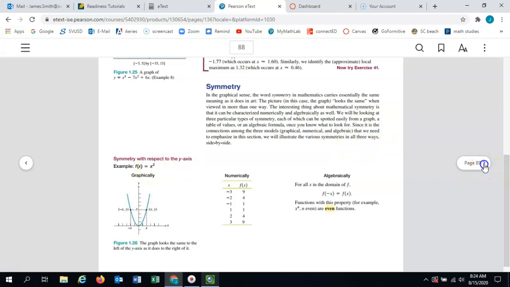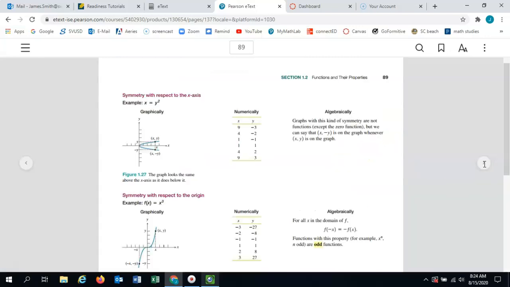Let me go to the next page and show you our other two types of symmetry. So if it is symmetric to the x-axis like this one is, so you can see I can fold this graph along the x-axis, this half would lay on top of this half. So it does have symmetry, but it is not odd or even. This is not actually even a function because it would fail the vertical line test, as you can see.